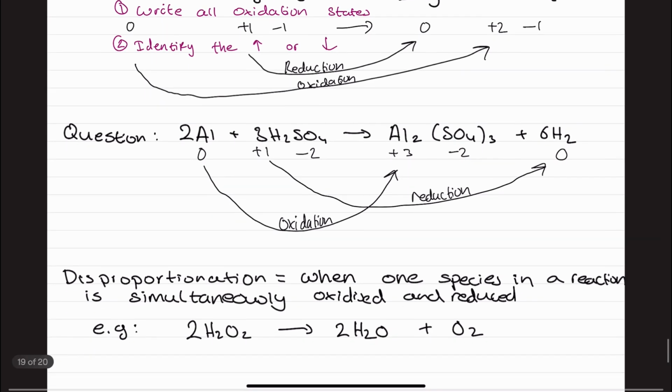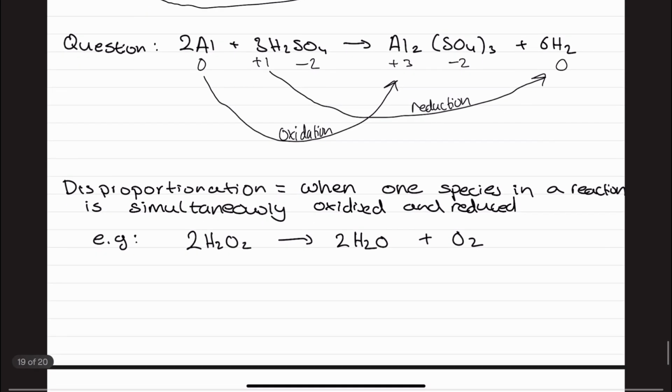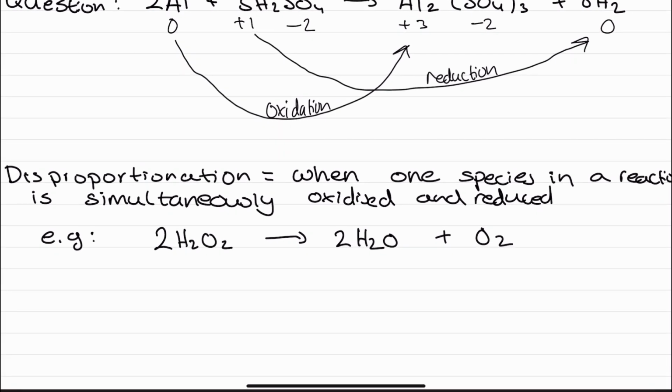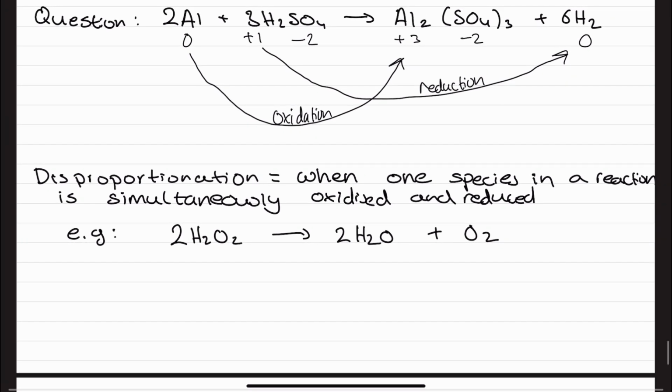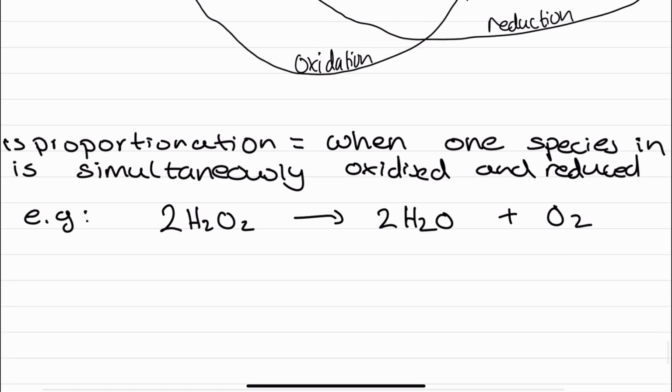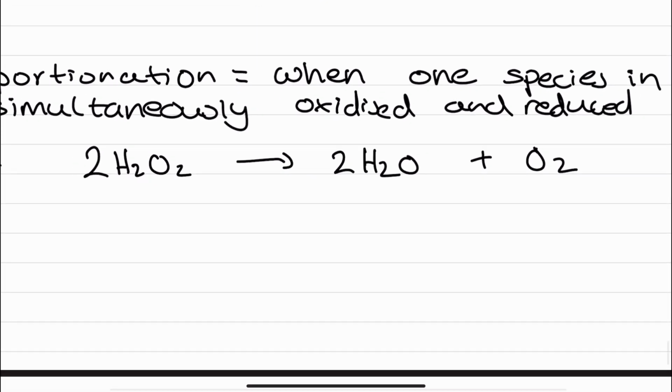The last thing on this chapter is disproportionation reactions. This is when one species in a reaction is simultaneously oxidized and reduced. Now we can see this in this equation where we know from the previous rules that oxygen in H2O2 is actually -1. Therefore, hydrogen must be +1. Oxygen here is 0.